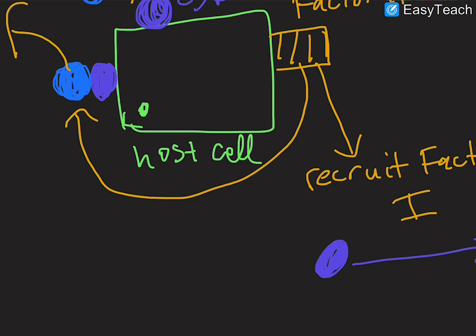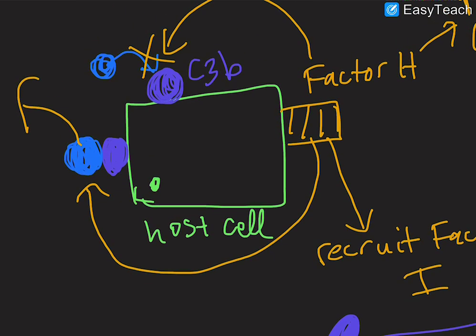And another function was it can recruit factor I, which will cleave C3b into iC3b, or inactive C3b, so that you won't ever be able to form C3 convertase, and you stop the whole cascade and the complement system as a whole. Okay, so that was talking about factor H and why the alternative pathway doesn't happen on our own host cells, and we have this nice mechanism via factor H, the main regulatory protein of the alternative complement pathway.